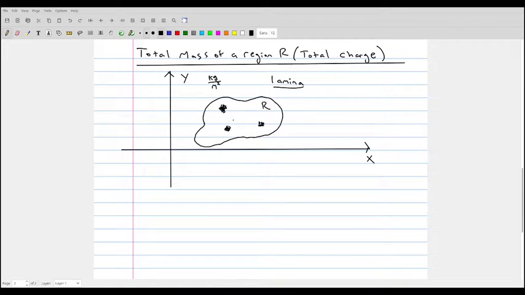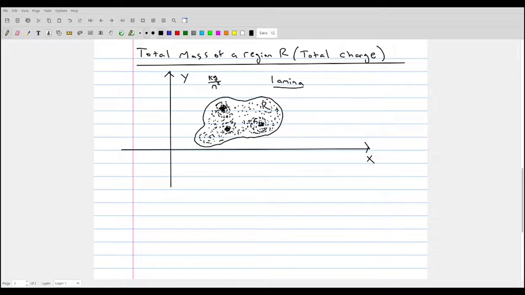But as you move around the plate, maybe there's less and less mass as you move away from these heavily concentrated regions, until when you get very far away from any of them, maybe the mass density is very, very small.